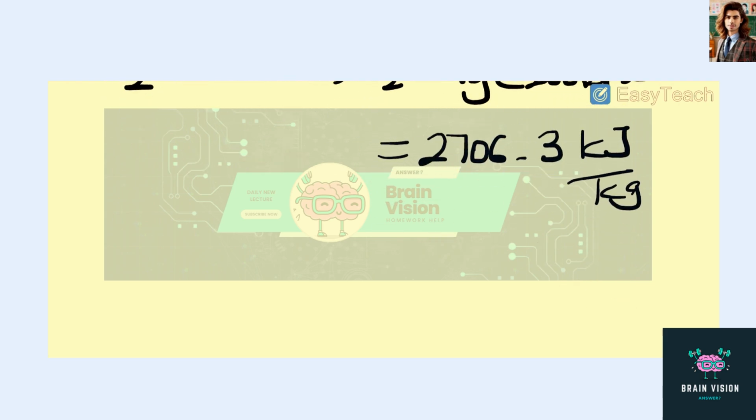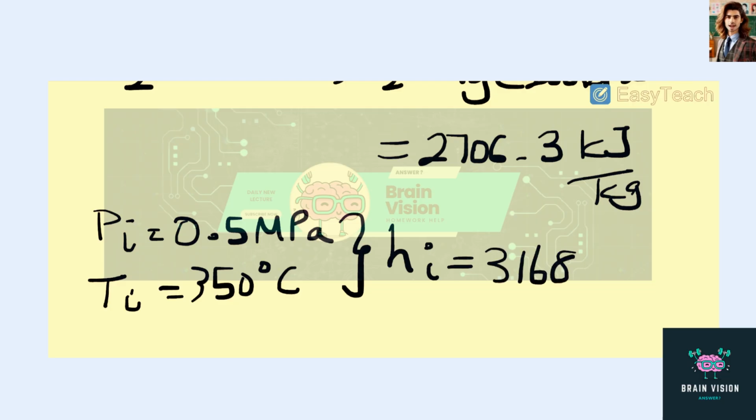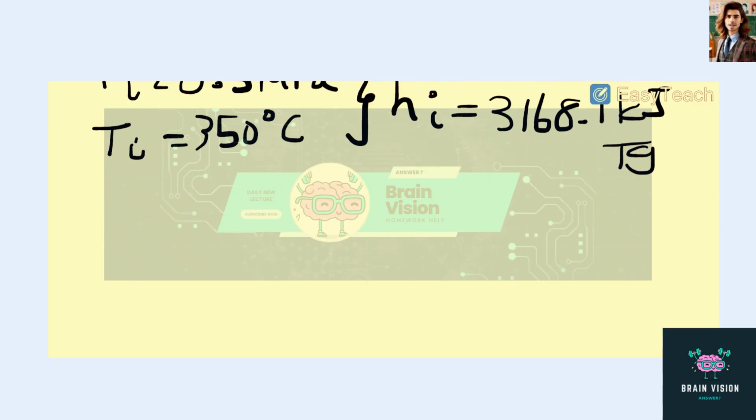Now if we look at the incoming enthalpy, we know that the pressure of the supply line is 0.5 MPa and the temperature is 350 degrees C, and using this information we see that hi is equal to 3168.1 kilojoules per kilogram. We know that the cylinder is going to only contain saturated vapor at its final state of 200 kPa.